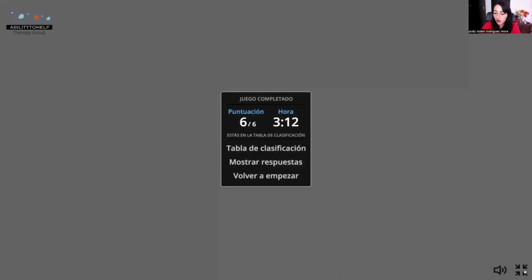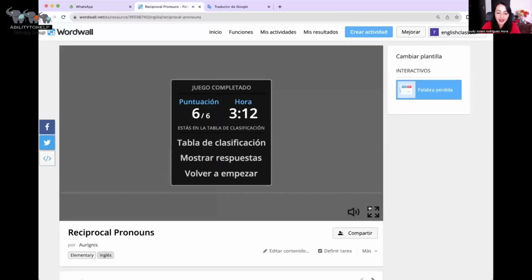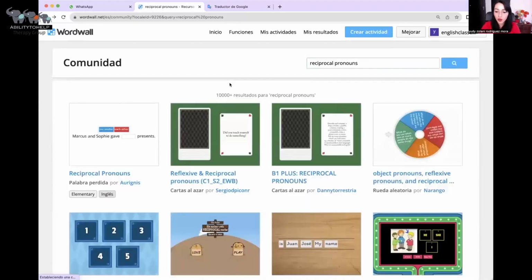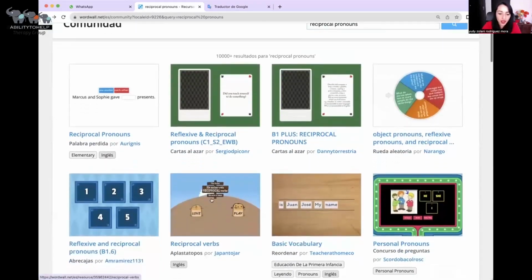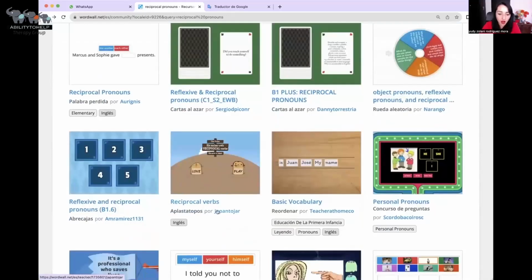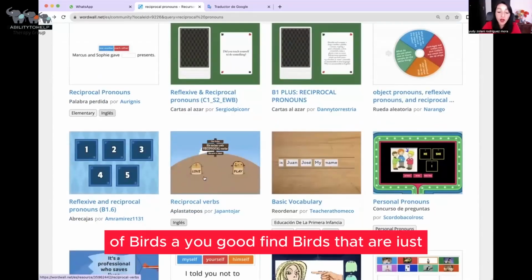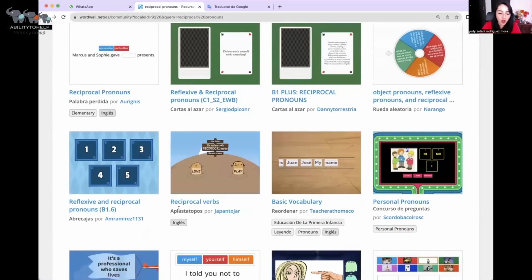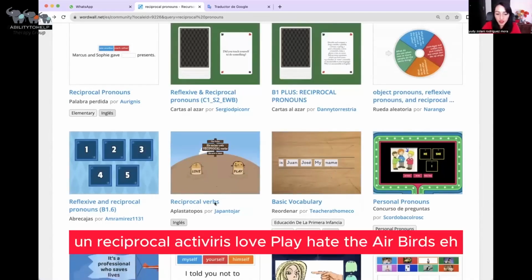So we could find many activities about this topic, reciprocal pronouns. We could find different kinds of verbs. You could find verbs that are used in reciprocal activities.